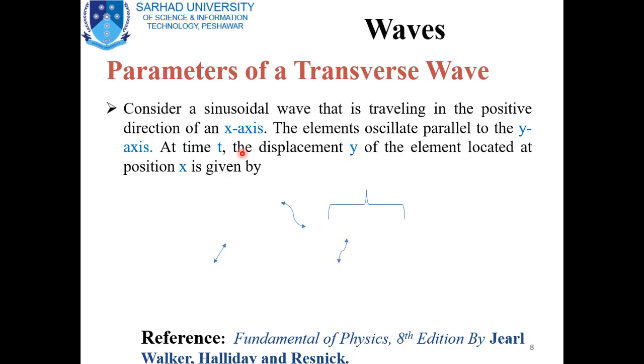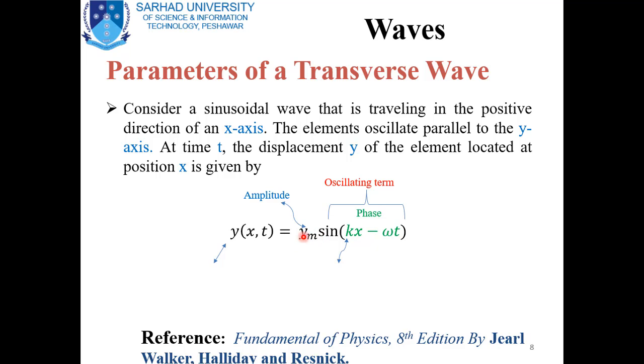At time t, the instantaneous displacement of the element located at position x is given by y, which is a function of position and time. This is the instantaneous displacement of the particle, which is equal to ym sin(kx − ωt), where ym is known as the amplitude, the maximum displacement of a particle in the vertical direction.